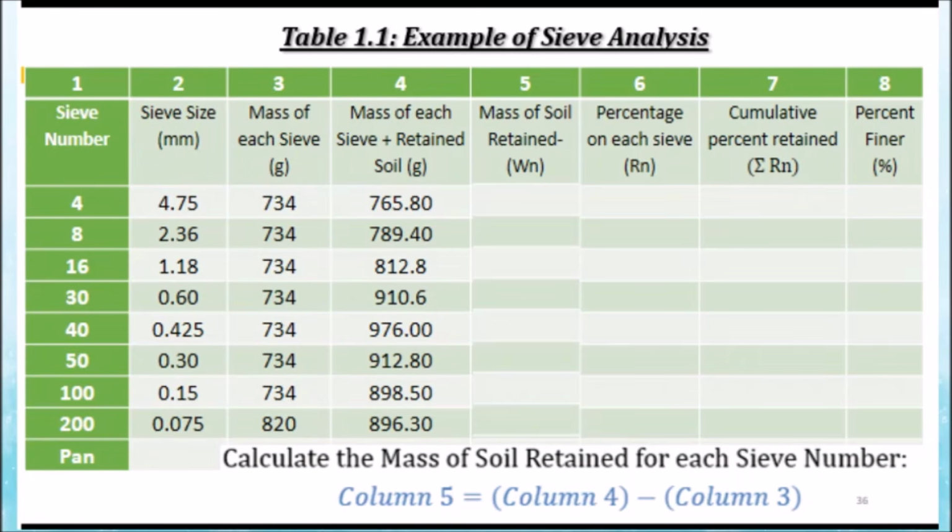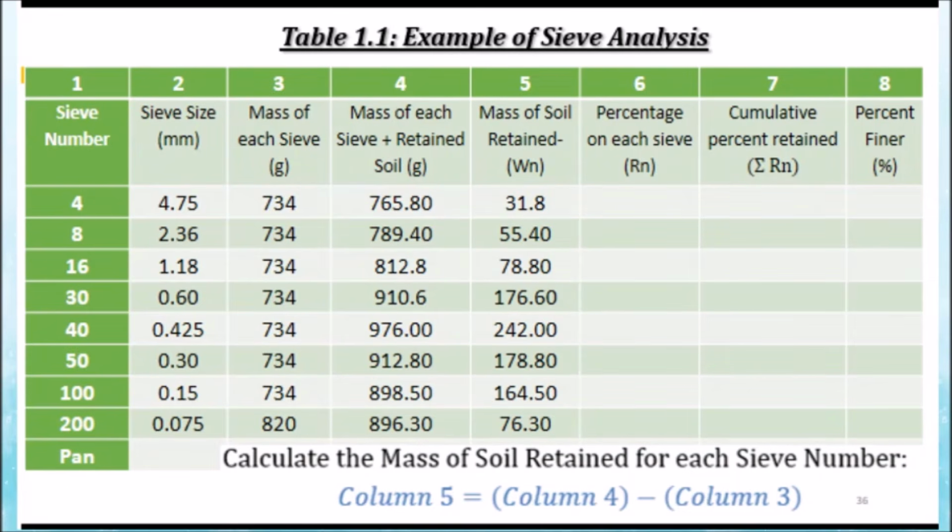So, makukuha na natin yung weight of soil retained. I-minus lang natin yung mass of sieve dito sa mass of sieve plus retained soil. So, that is 765.80 less 734. 789.40 minus 734. So, ito yun.